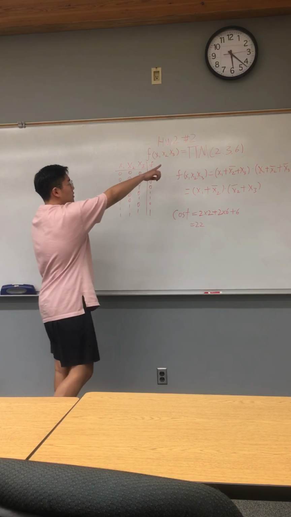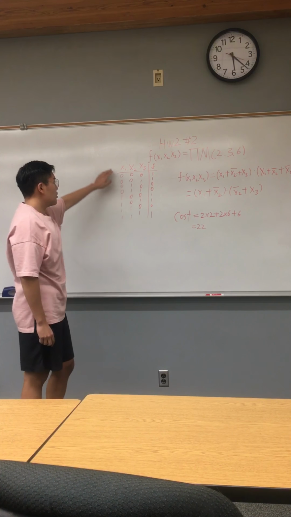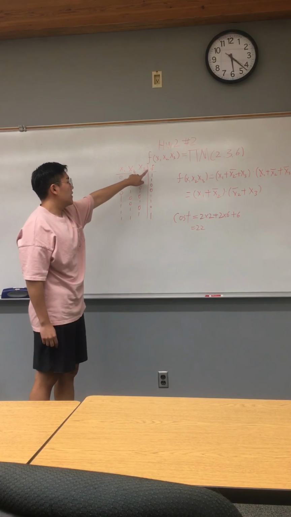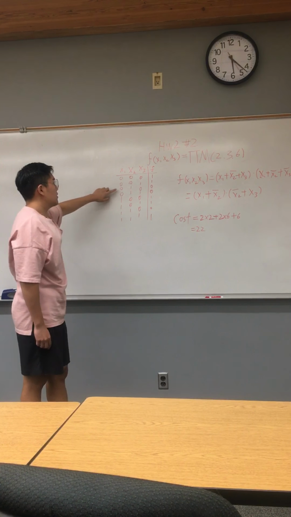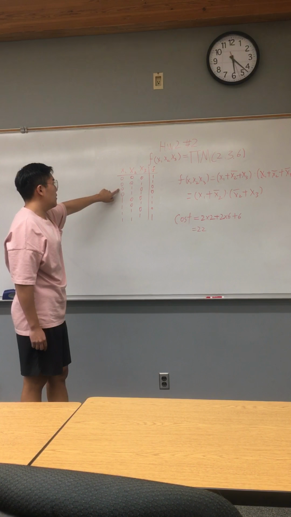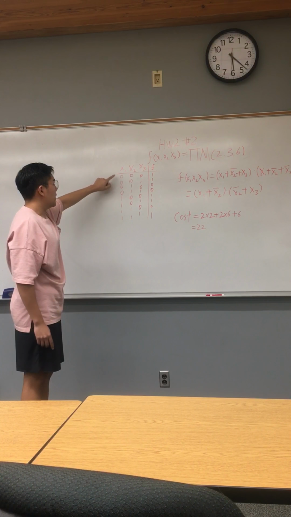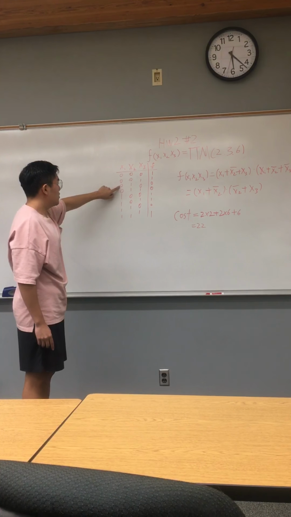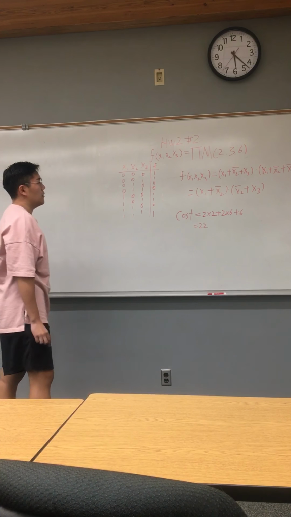Because it's a product of the sum, we're looking at when f is equal to 0. That happens when capital M is 2, 3, and 6.